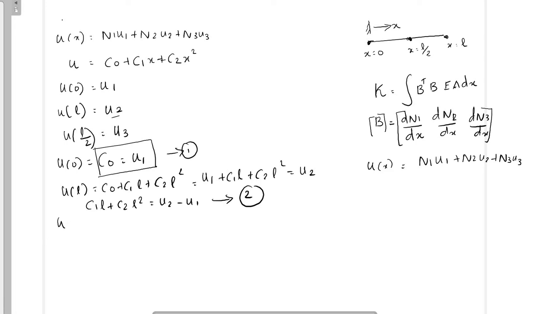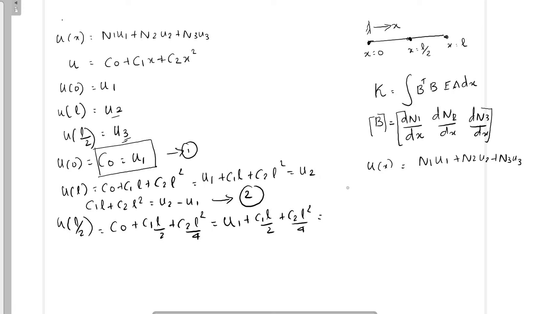Next I am going to apply u of L by 2 in this equation. So C0 plus C1L by 2 plus C2L square by 4, where C0 is u1, so u1 plus C1L by 2 plus C2L square by 4. U of L by 2 is u3.